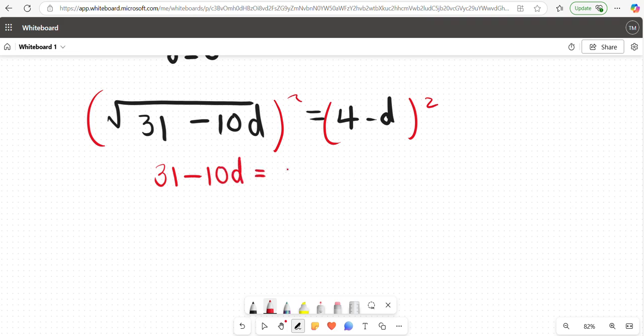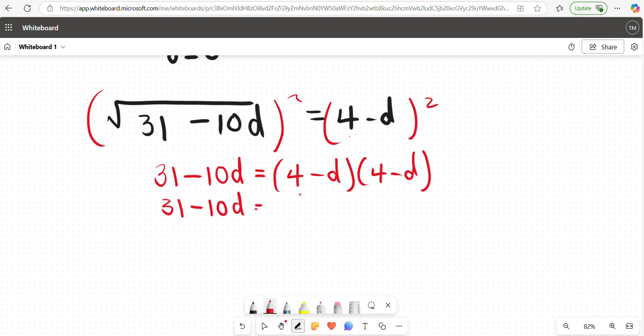If you square that binomial, remember if you square a binomial, you need to write it twice and then expand it. There is no easy way of doing it. You don't just square the first one and square the second one. That will not be correct. You have to do it this long way and apply your FOIL. 4 times a 4 is a 16. 4 times the negative d is a negative 4d.